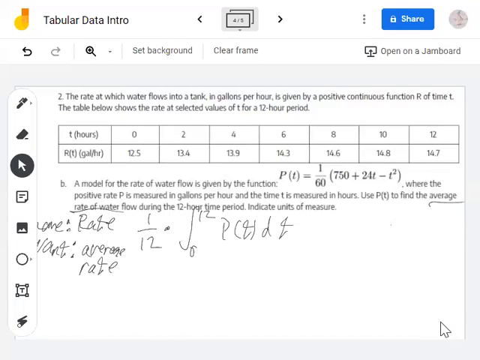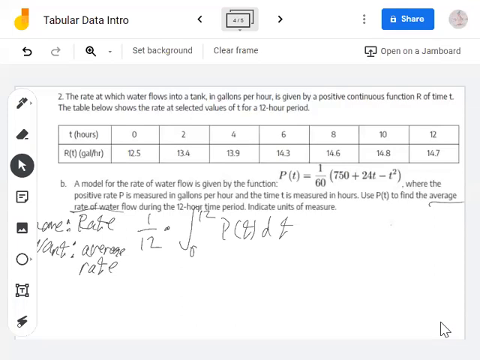All right, so I'm going to do this in the calculator real quick. So P of T was 1 divided by 60 times 750 plus 24T minus T squared. And for the record, in my calculator I'm not using T, I'm just using X, because I'm putting it into my variable calculator.